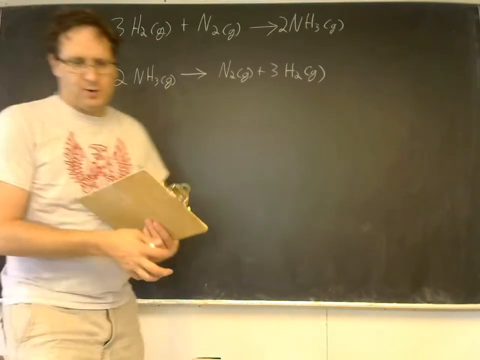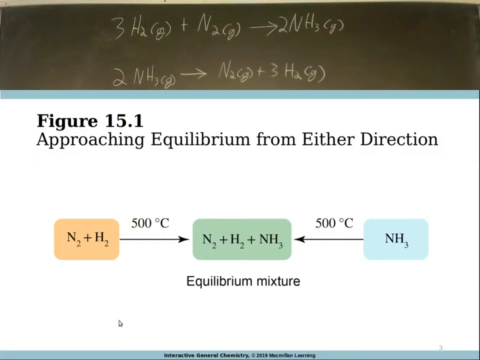And ultimately what you're going to get is a mixture where the rate of nitrogen and hydrogen combining to form ammonia is going to equal the rate of ammonia decomposing. Those two rates will become equal to each other, and so the concentrations will become stable. They'll become steady and unchanging. And that is what we call an equilibrium mixture.